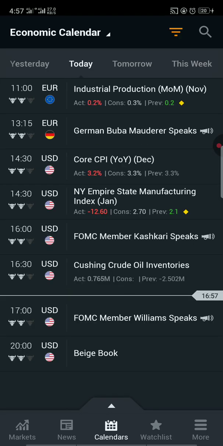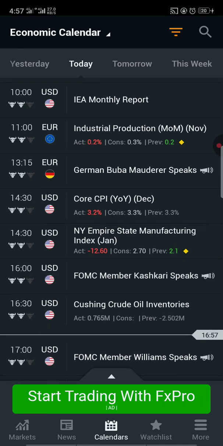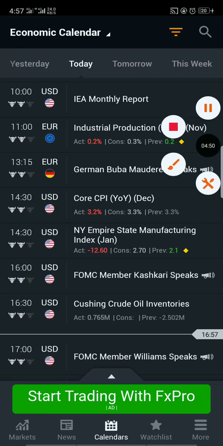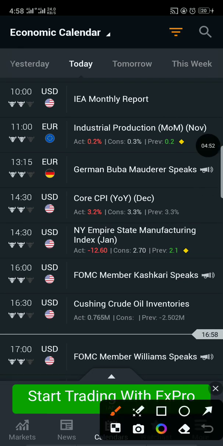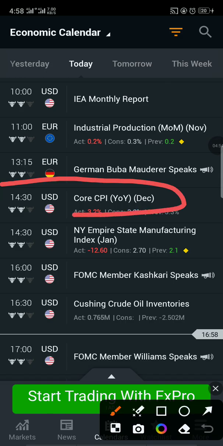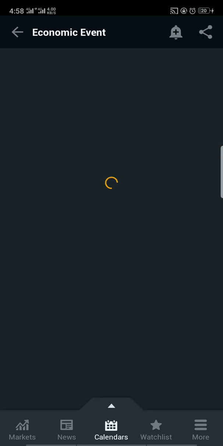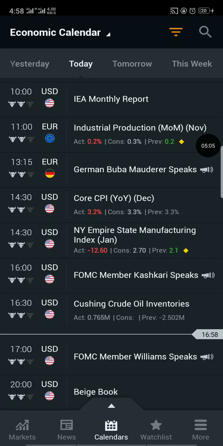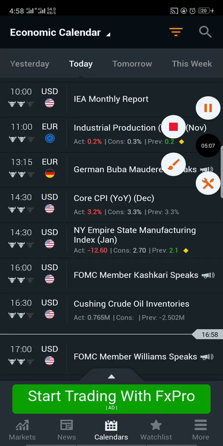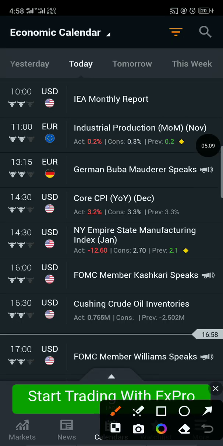So the example is what I want to show you. You can see the CPI I'm talking about. See CPI right here. This is CPI, right? So you can see the time. This time you see right here, 14:30, it is 2:30 Nigerian time, and that is 8:30 a.m. New York time.